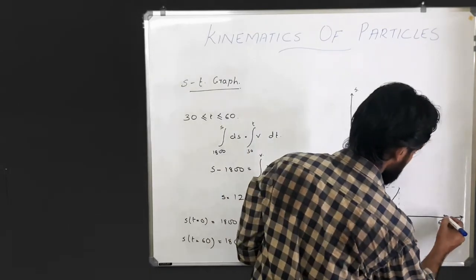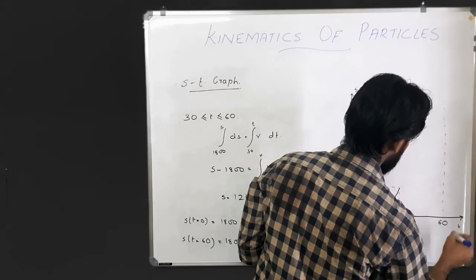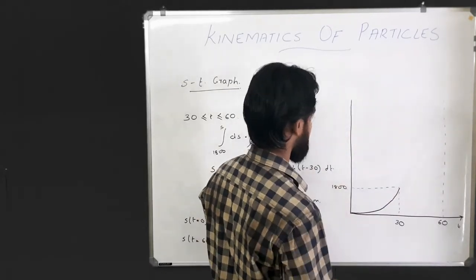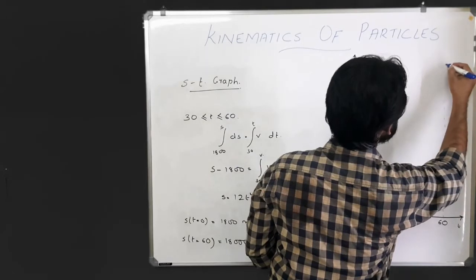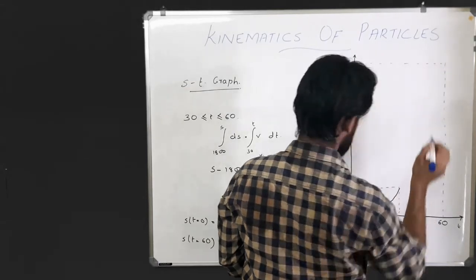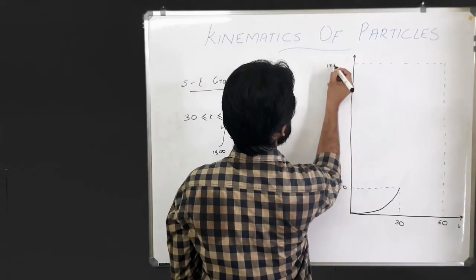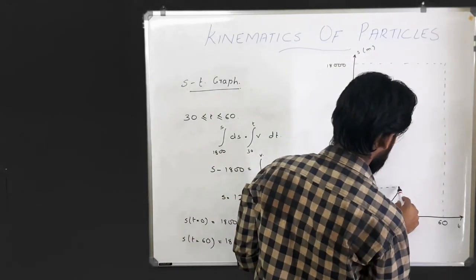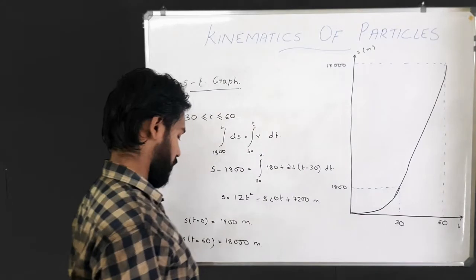So maybe I'll have to increase this a little bit. 18000, all these are in meters, okay? So I'll get as such somewhat like this.